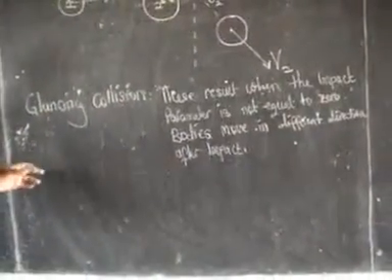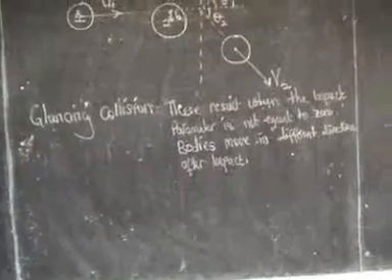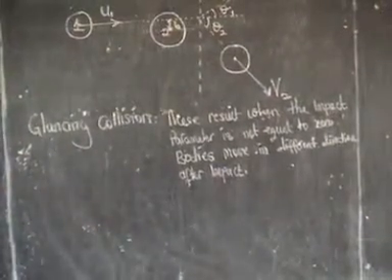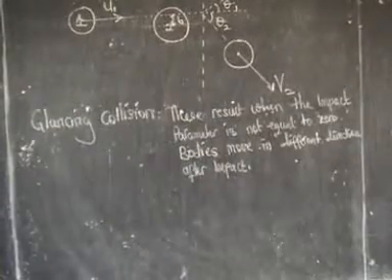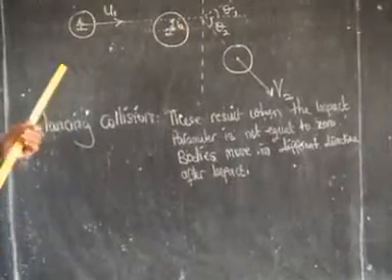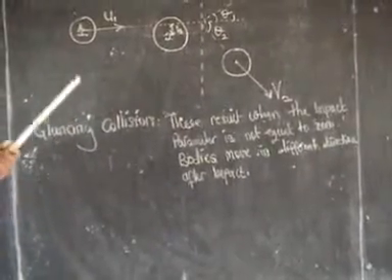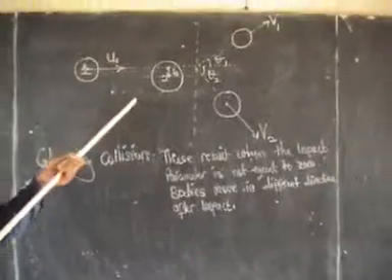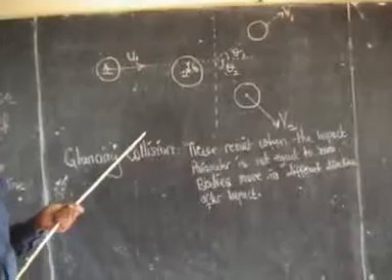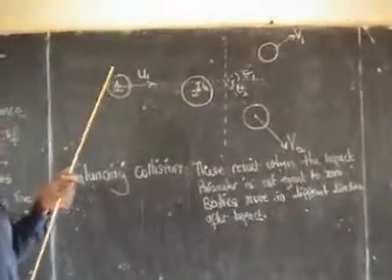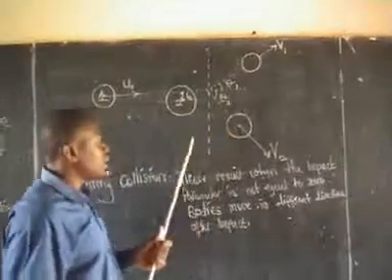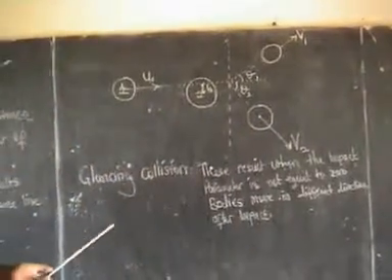In this kind of collision, you might start asking yourself, can it be elastic, inelastic, or perfectly inelastic? This kind of collision can be perfectly elastic or elastic if the kinetic energy is conserved. However, in most cases, we shall observe that kinetic energy may fail to be conserved.